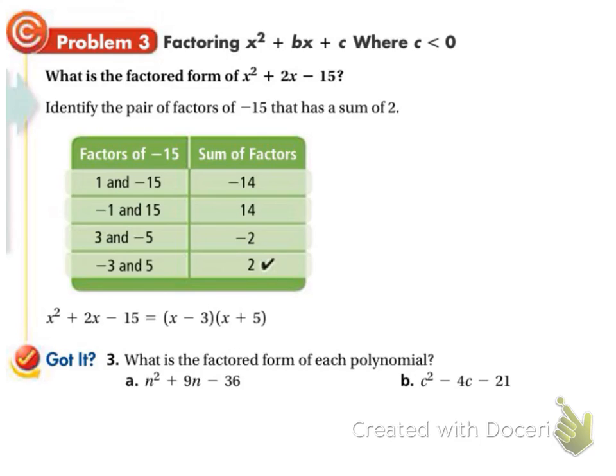Alrighty, last kind here. If you look at these problems down here, this one has a negative number at the end. So what we're going to do is treat it as if it were positive. Or rather, we're looking for a number that multiplies to 36.